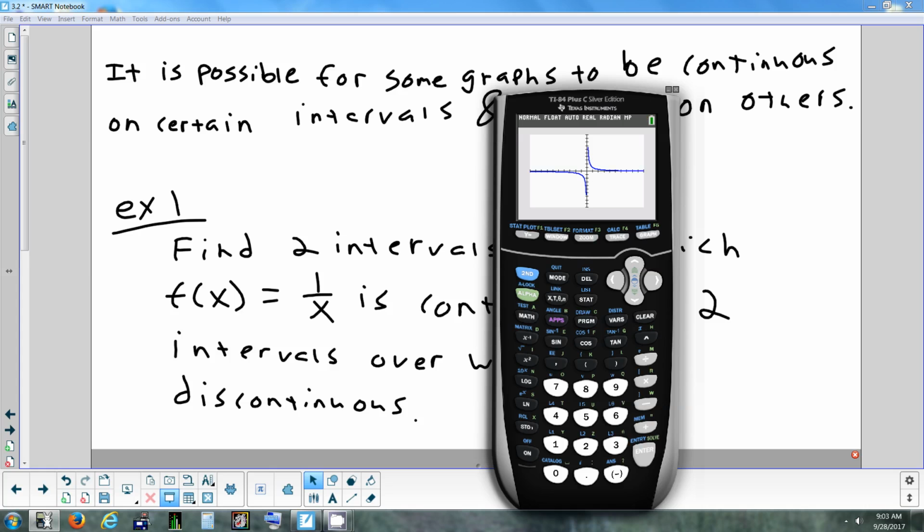And remember, this graph really goes up forever and down forever. It's just that it's getting so steep the calculator can't draw it. If you want to prove to yourself that it goes higher than like 6 or 7, just plug in a value very close to 0, but not 0. When x is very close to 0, y is up at 100. So it does keep going up, even though it looks like it stops.